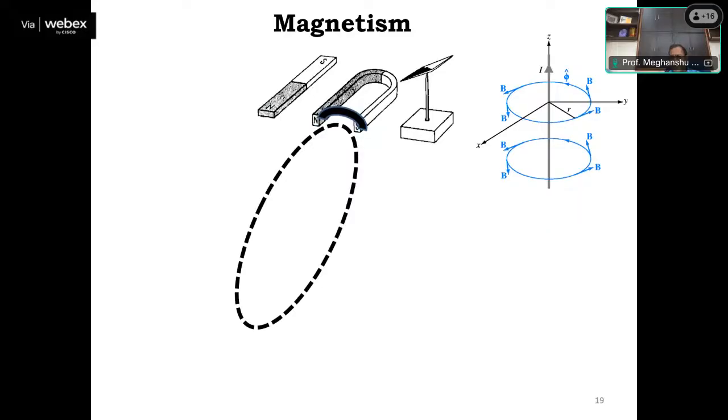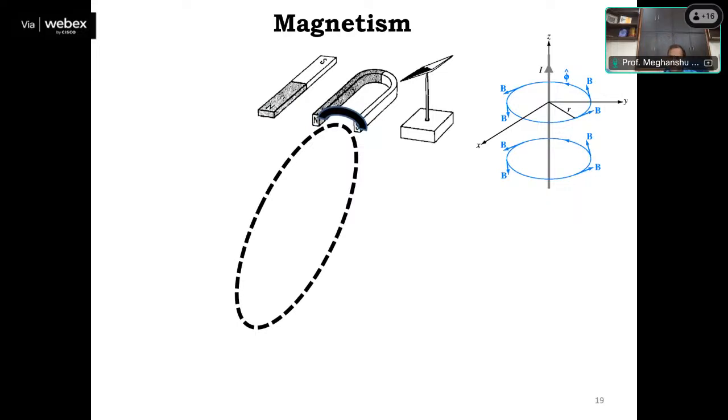We can change the strength of the magnetic field by increasing or decreasing the magnitude of current and the number of coils also. This is the very basic fundamental of an electromagnet that we have gone through in physics of 11th or 12th class.